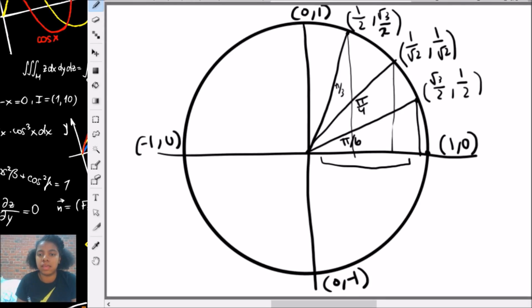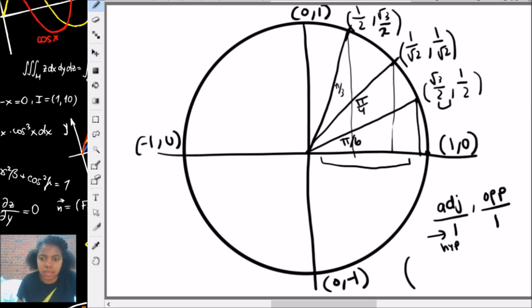So you can see from here that for every point for every angle on this circle, the x value is the adjacent over 1, and the y value is the opposite over 1, where 1 is our hypotenuse, right?